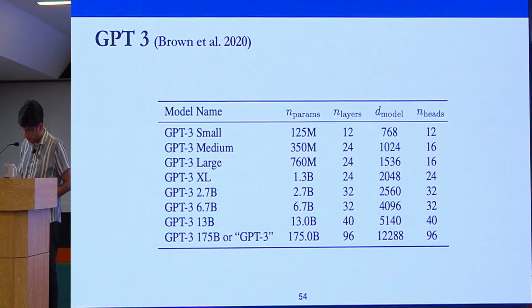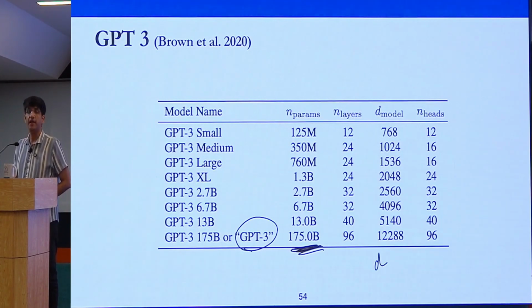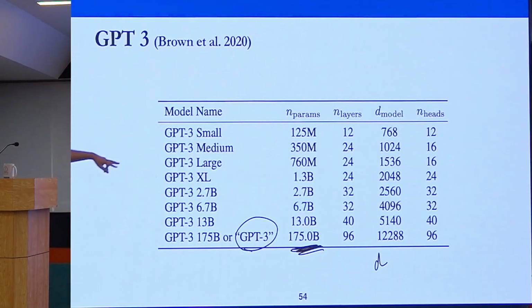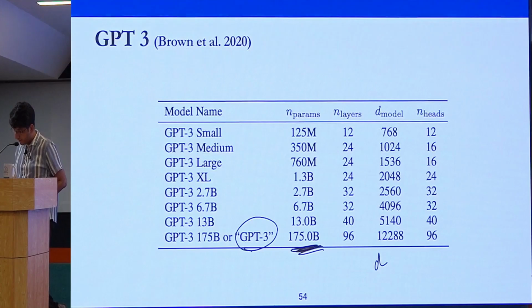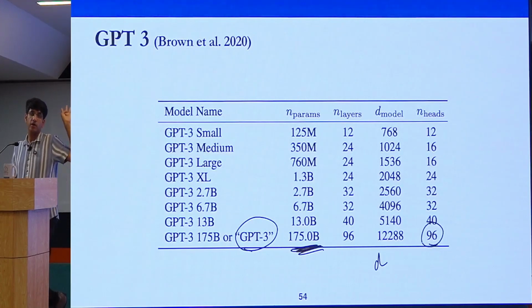So if you look at the GPT-3 model, this is 175 billion. The dimension, the D I was talking about, which used to be 64, has been scaled up to 12,288. The number of heads, which were 4 in smaller versions of BERT, are now 96. The number of layers is 96.